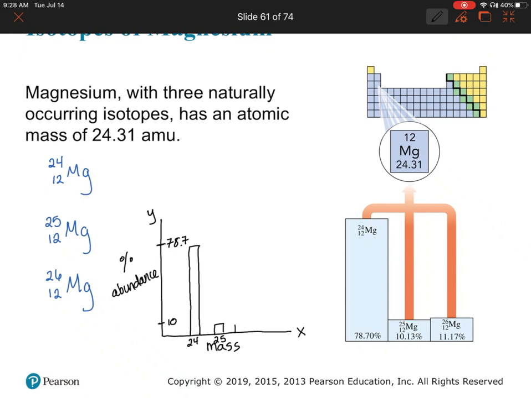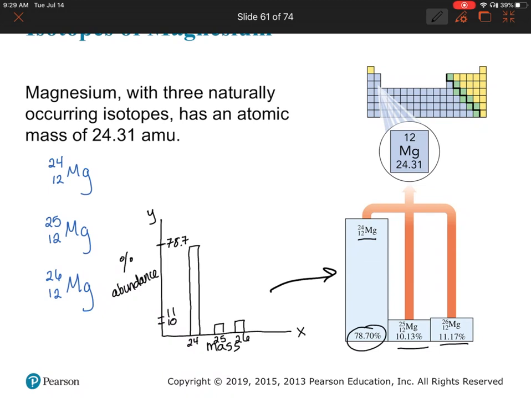And then magnesium 26 is slightly more abundant than magnesium 25, and that has a percent abundance of about 11. And so that is exactly what's shown off to the right. We have our magnesium 24 isotope with its percent abundance listed below, and the same for magnesium 25 and magnesium 26.